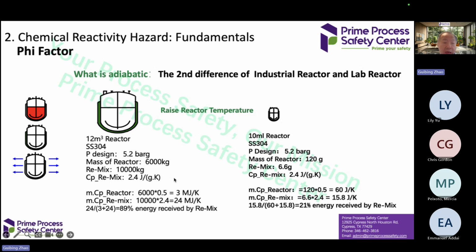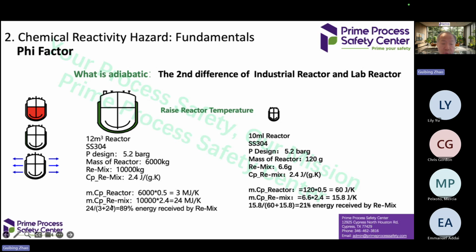Let's calculate the heat capacity of the reactor. You can see here it's about 3 megajoule per K. What does that mean? That means if you want to increase temperature about 1 degree C, the reactor will suck 3 megajoule energy.